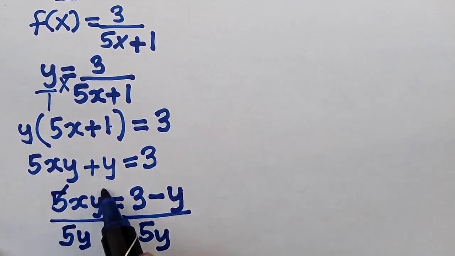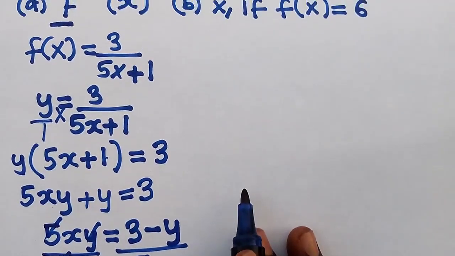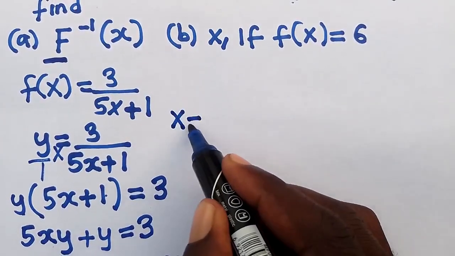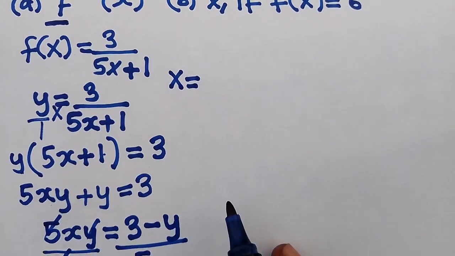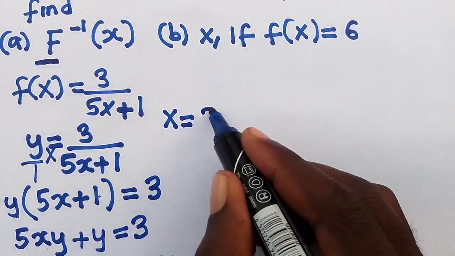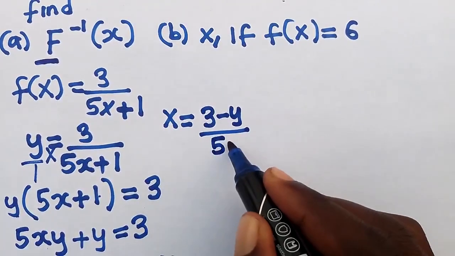So this 5 and that 5y, the 5 and y cancel. These have cancelled. You remain with the x. So x is equal to 3 minus y over 5y.